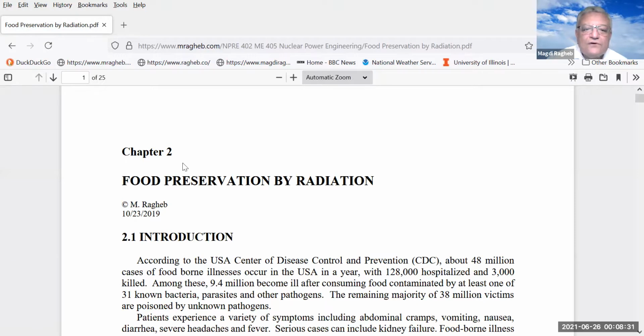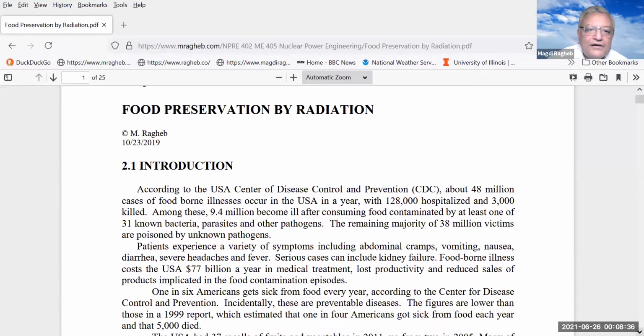Now, this is a use of gamma rays or X-rays from electron beams to preserve food supplies. And the food science people, if you ask them, tell you that unfortunately today, we lose 30% of the food that we produce to spoilage, spoilage due to bacteria, to fungi.